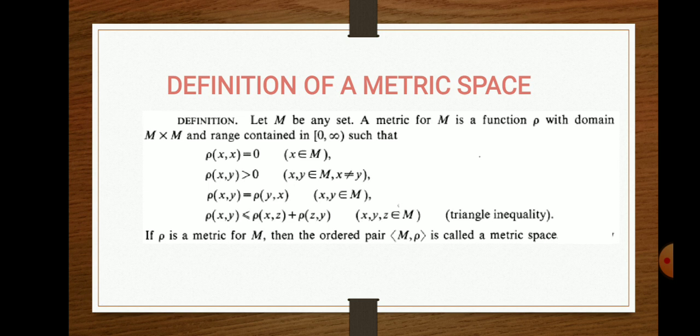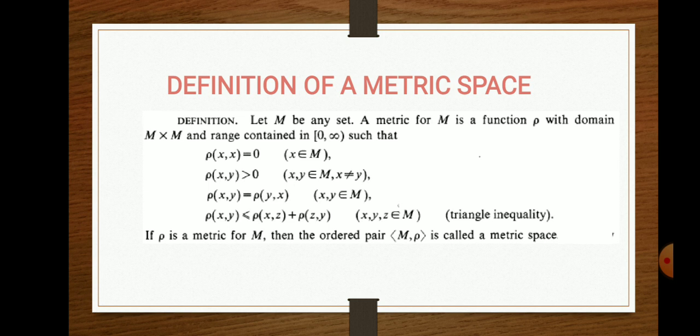A metric is nothing but a parameter that can be compared to real life distances. Just by measuring the distance from you to yourself is always 0. So without moving, we can measure the distance from ourselves, and that should be 0. That is rho of x comma x is equal to 0.